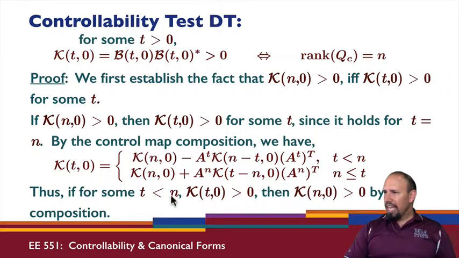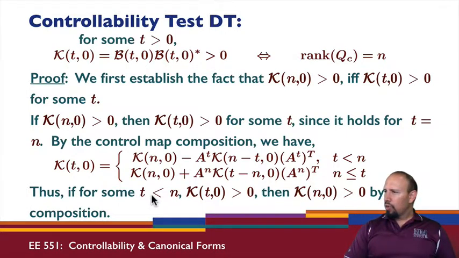Okay, so if for some t less than n, K up to time t is positive definite, then K up to time n is positive definite by this composition.